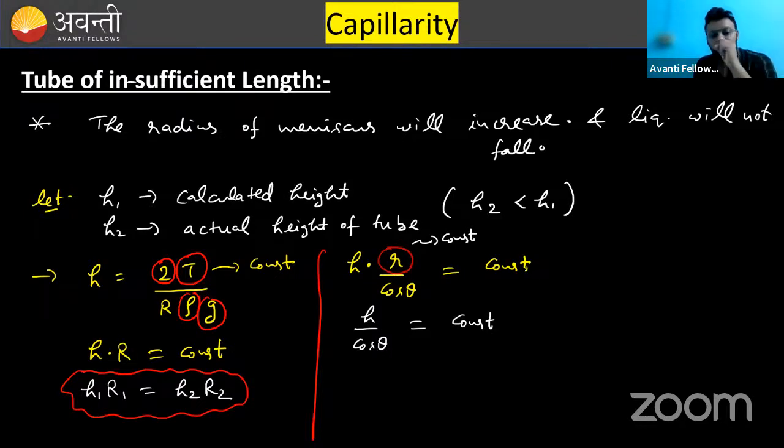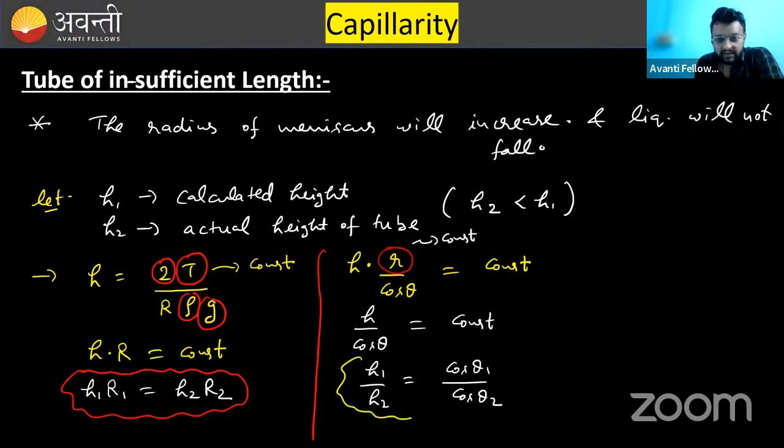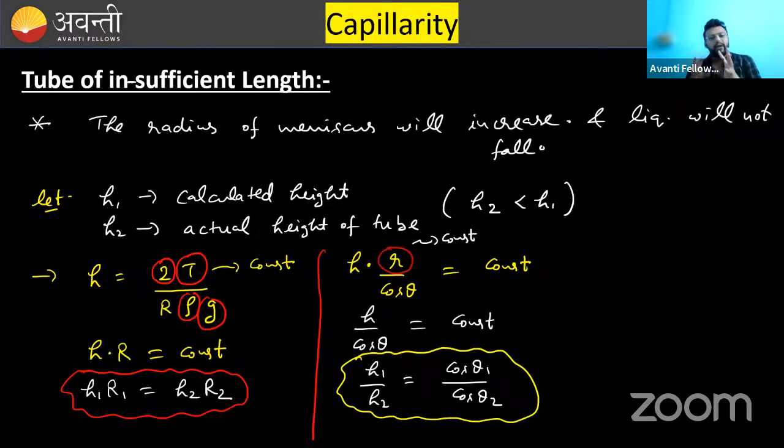H upon cos theta is a constant means H1 upon H2 is equal to cos theta 1 upon cos theta 2. This is another relation, where theta 1 and theta 2 are the angles of contact. That means whenever a tube of insufficient length is used, the radius of meniscus changes, and then the angle of contact will also change.